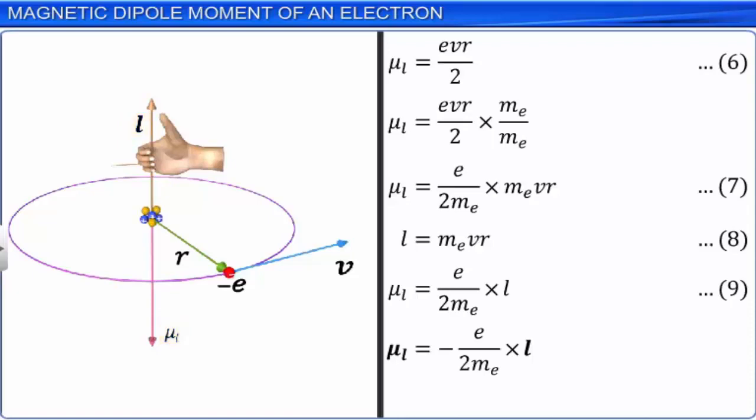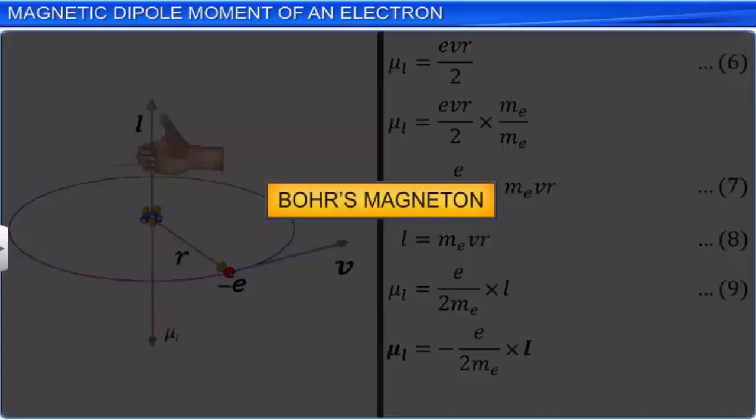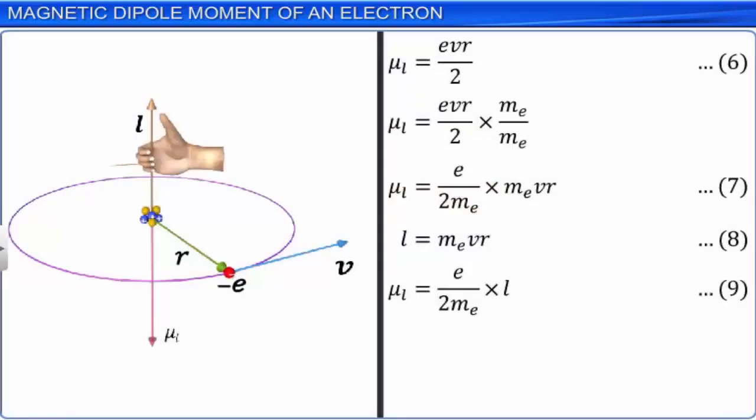Now, let us discuss Bohr's magneton. According to Bohr's atomic model, angular momentum of an electron revolving in an atomic orbit is quantized. That is, the angular momentum L is an integral multiple of h/2π.